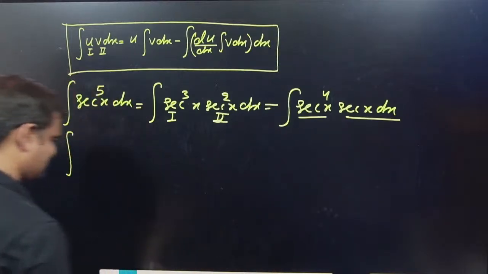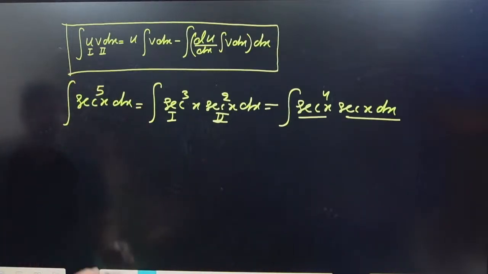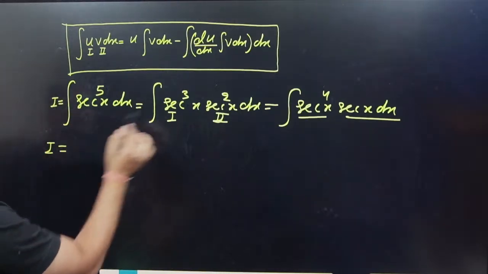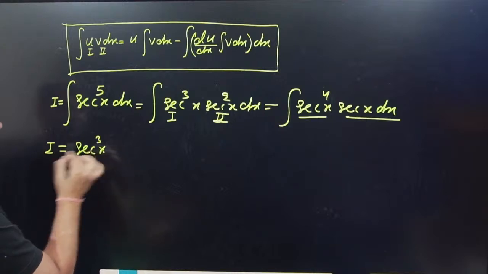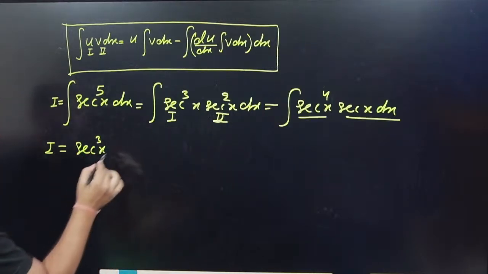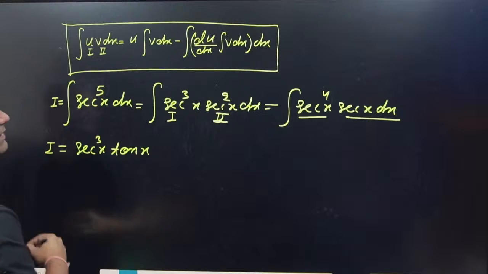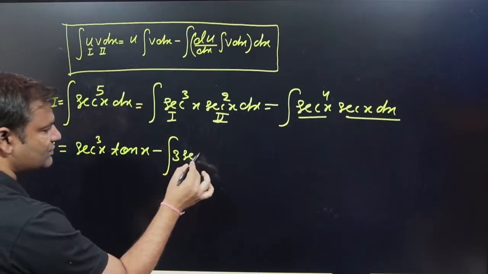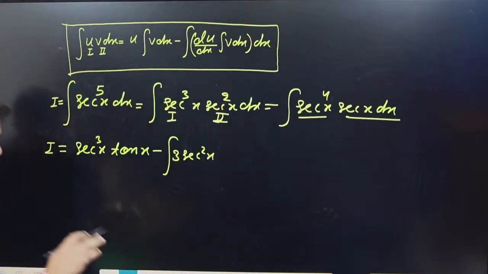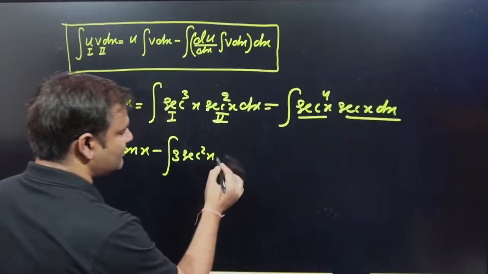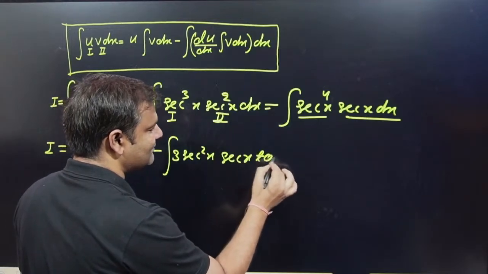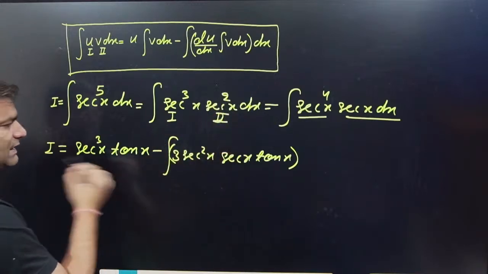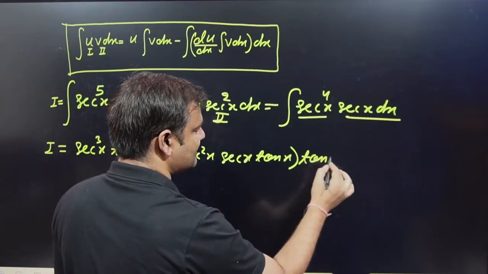If you take this as I, then I is written as first sec cube x, integration of sec square, simply tan x, minus differentiation of this one, 3 into sec square x into sec x tan x, into integration of this one, tan x, so simply tan x into dx.